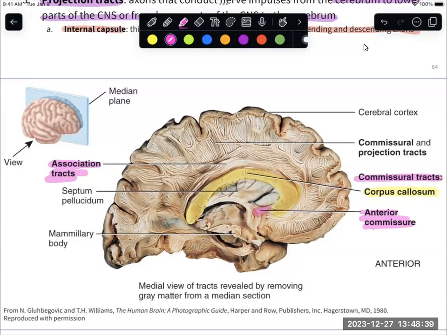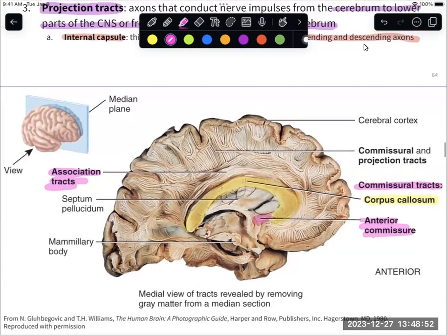So you can see these neurons and how they're traveling from one area to another, or they're coming down to these commissural tracts going to the other side. And then those projection tracts that are sending information up or down. So sensory up, motor down.